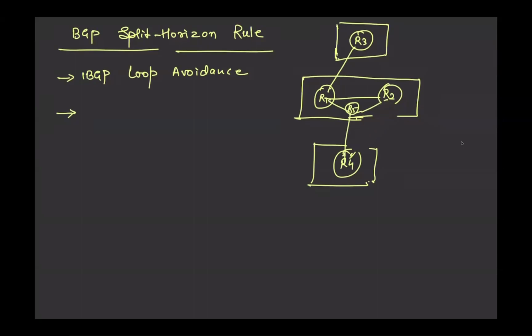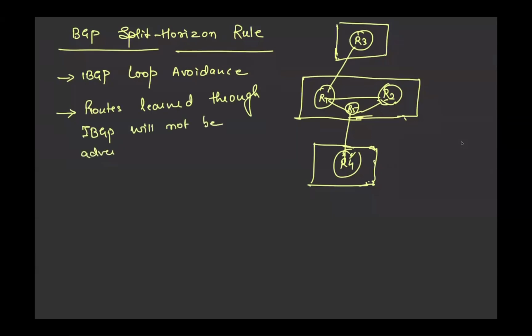Let me write it. Routes learned through an iBGP neighbor will not be advertised to another iBGP neighbor.